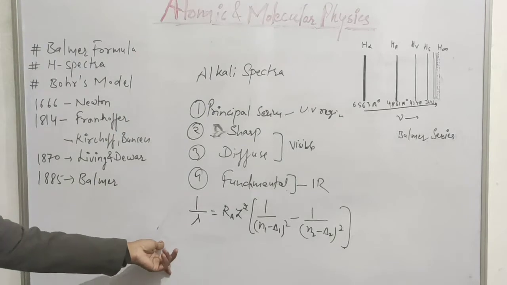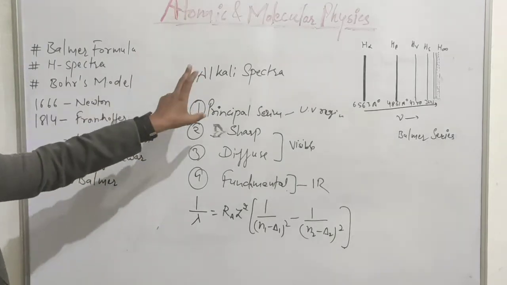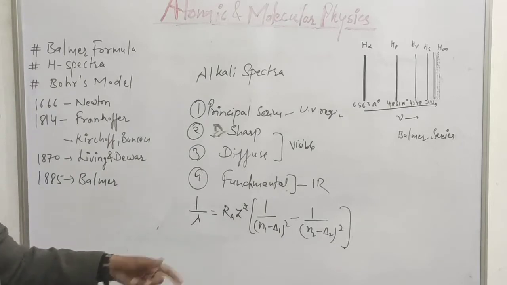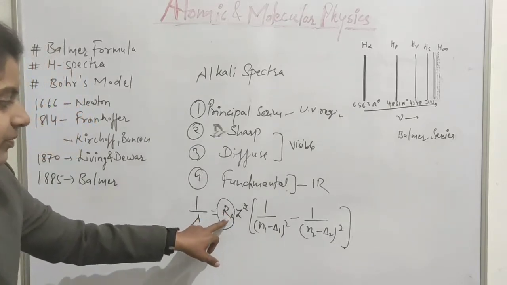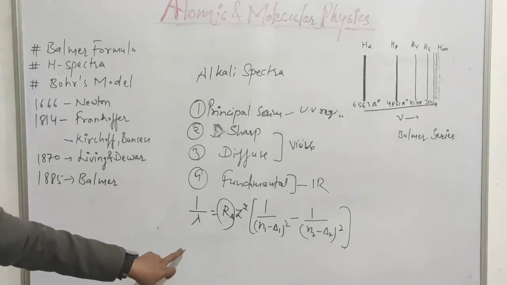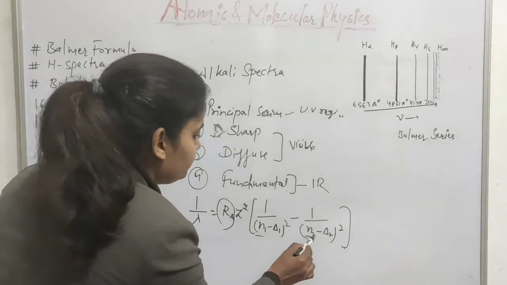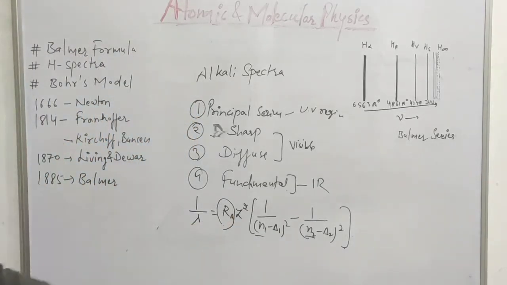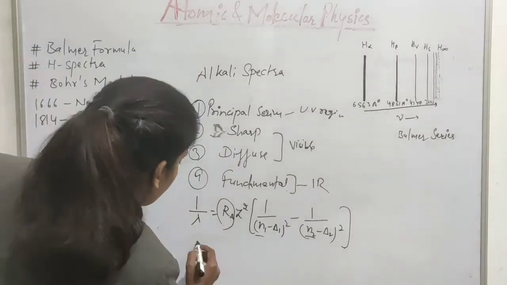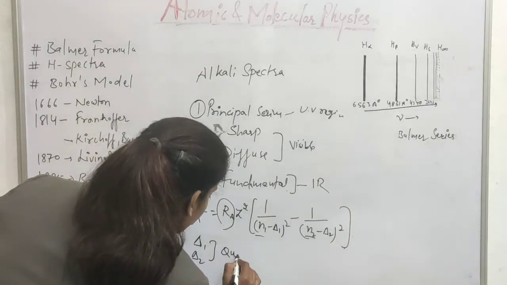This formula was given by Rydberg, where R_a is the Rydberg constant for whatever atom we use, n1 and n2 are the levels on which the energy is taken into consideration, and delta 1 and delta 2 are the quantum defects.